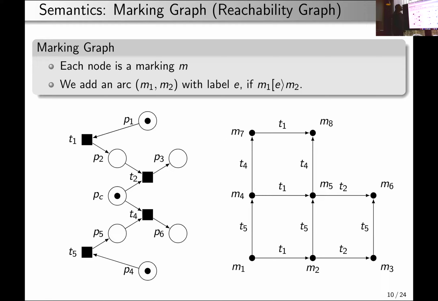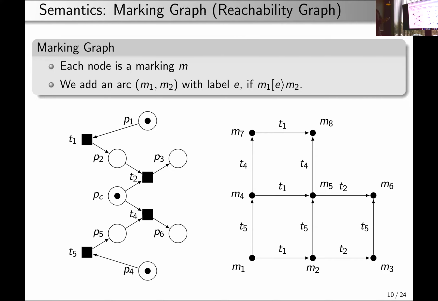In this case, what we see on the marking graph is that if I fire T1 and then T5, or first T5 and then T1, I will reach the same state. This is what we call an interleaving of T1 and T5. And as you can see, independently of the order, I would reach the state in which P5 and P2 are marked, which is M5.